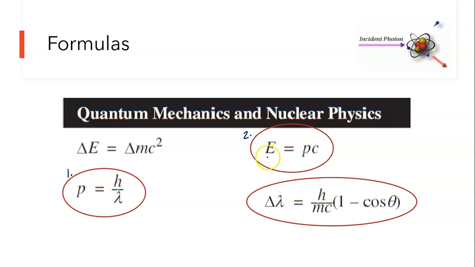Second one, the energy of a photon is equal to its momentum multiplied by the speed of light. And the third one, as this photon comes in and switches, it's going to change its wavelength. Obviously, as it changes momentum, as we've got a momentum collision here, its wavelength will change and it can be detected, calculated using this formula.